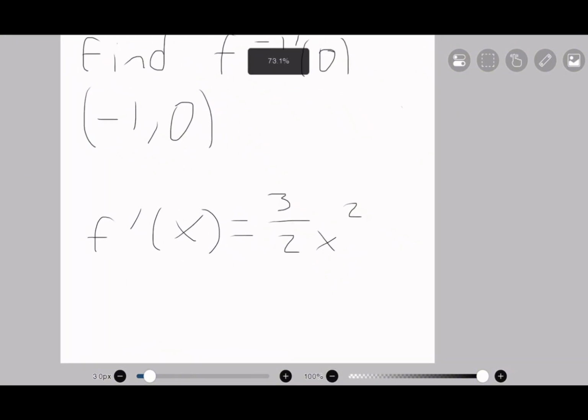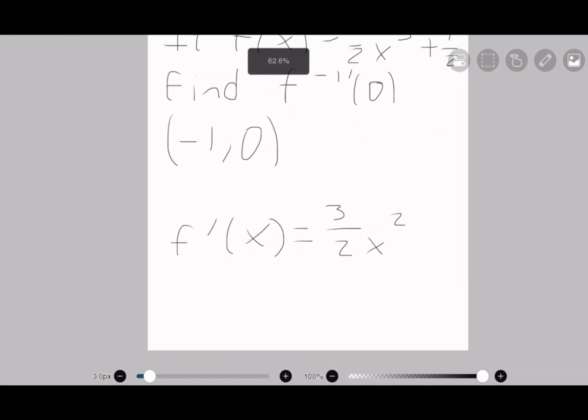So what we want to do is figure out what is the derivative at negative 1. So that's going to be 3 over 2 times negative 1 squared, giving us just 1 times 3 over 2, giving us 3 over 2.